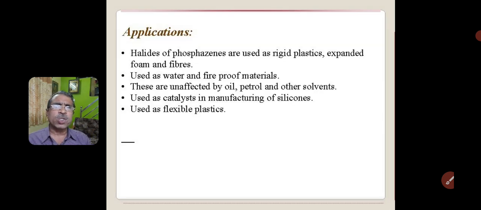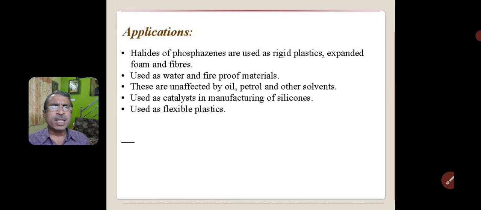Other applications. The halides of phosphazenes are used as rigid plastics, expanded foam, and fabrics. These are used as water and fireproof materials. The phosphonitrile chlorides are unaffected by oil, petrol, and other solvents.